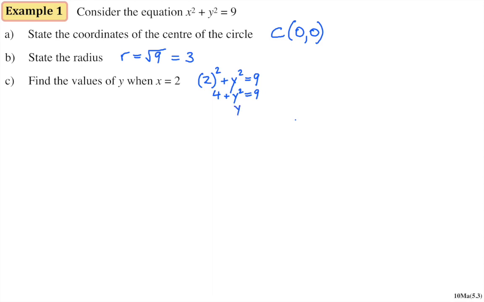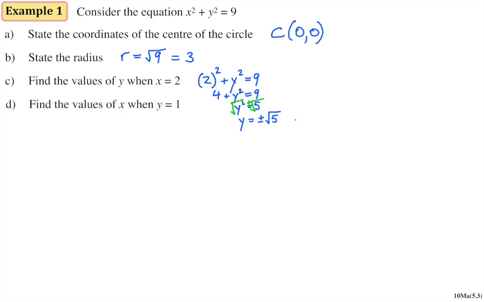That gives me y squared equals 9 take 4 is 5. And take the square root of both sides and you get y equals plus or minus the square root of 5. Because remember, when you take the square root of something that's already squared, you need to remember the plus and the minus case. So there are 2 y values, which makes sense when we draw the graph.